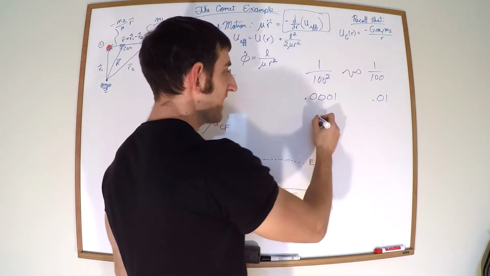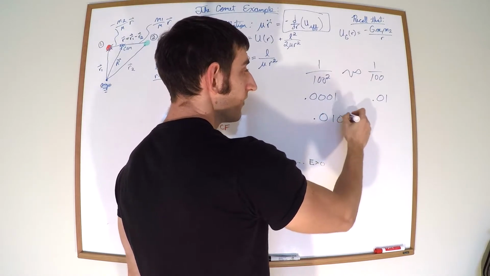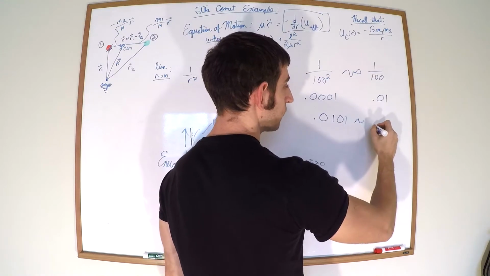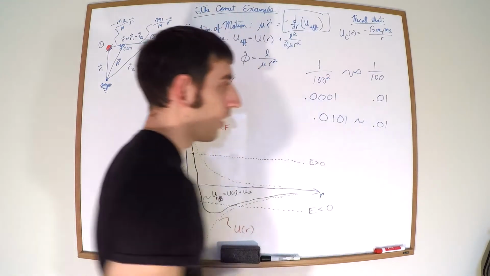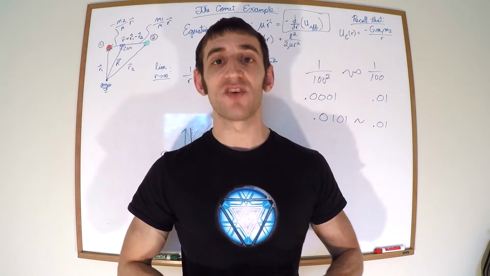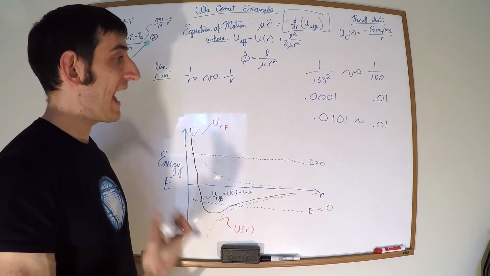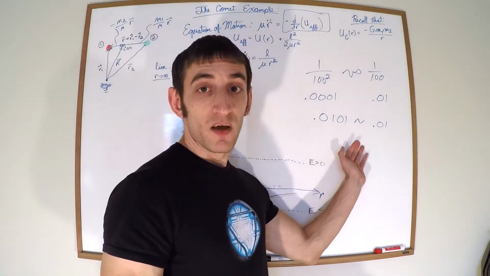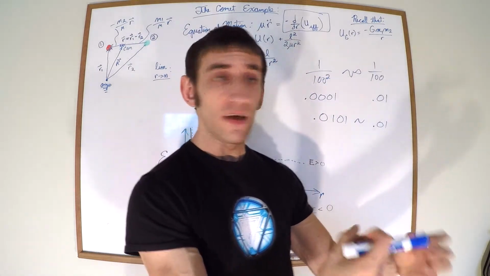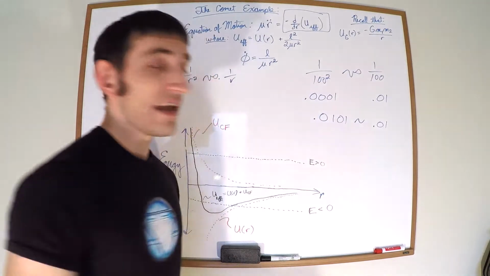So when we add them together, that ends up becoming 0.0101, which is approximately equal to 0.01, depending upon what kind of accuracy we want to have. So as r approaches infinity, this phenomenon is going to get pronounced to a point that we can essentially assume that this guy is that.